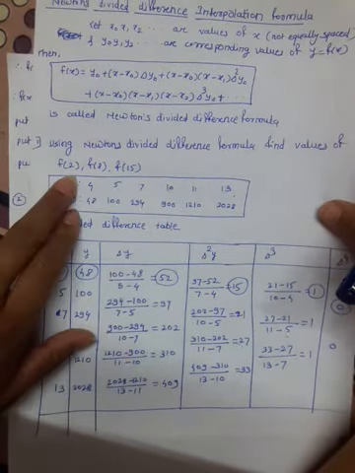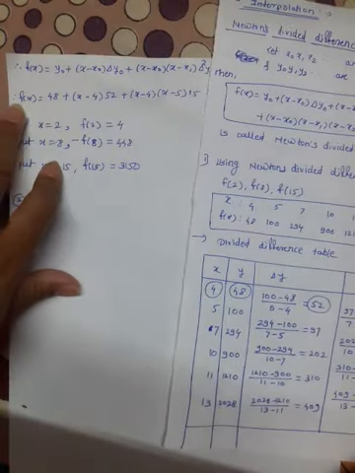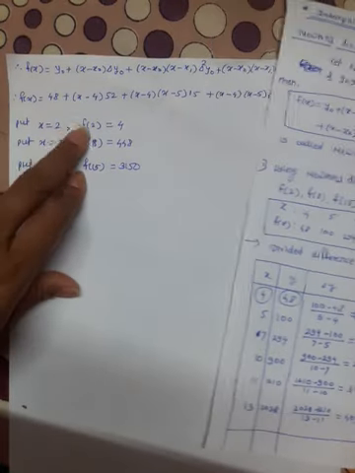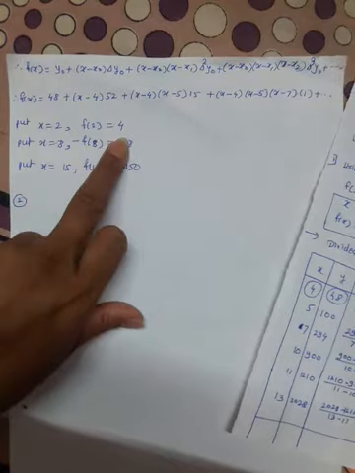Now put x value 2 in our equation, we get f of 2. Everywhere x put 2, we get answer 4.